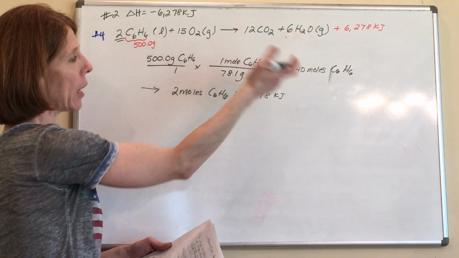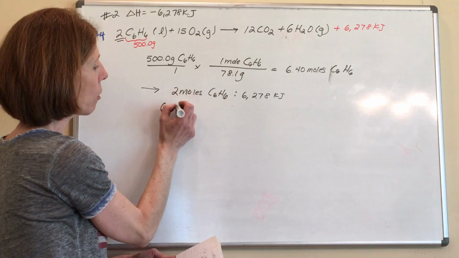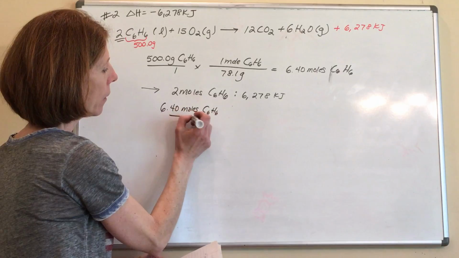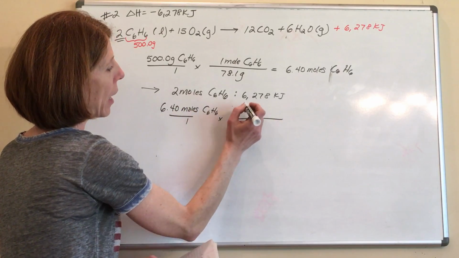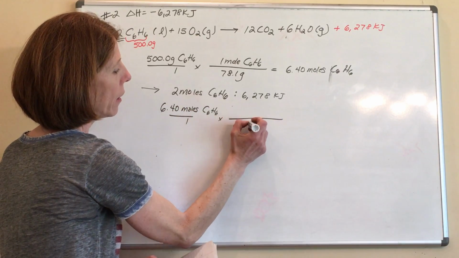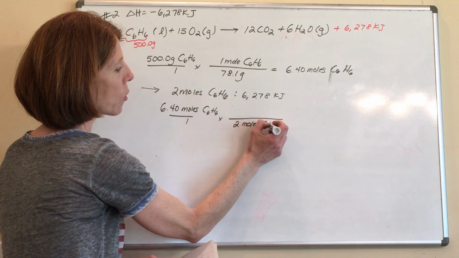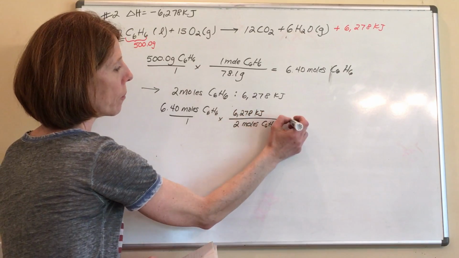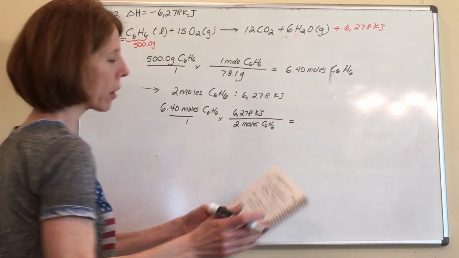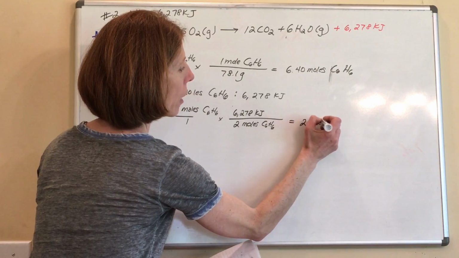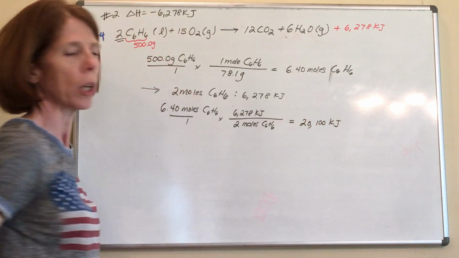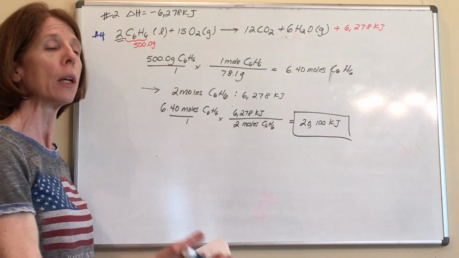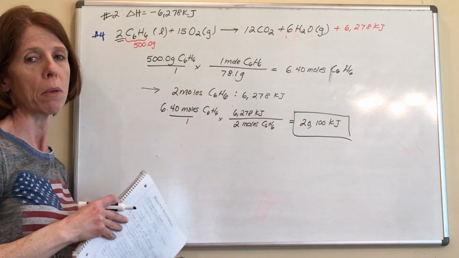If I have 6.40 moles of benzene, and for every 2 moles of benzene, putting that on the bottom so they cancel, I produce 6,278 kilojoules, I end up with 20,100 kilojoules of energy. Again, it's a positive amount. This is the energy produced if I start with 500 grams of benzene.